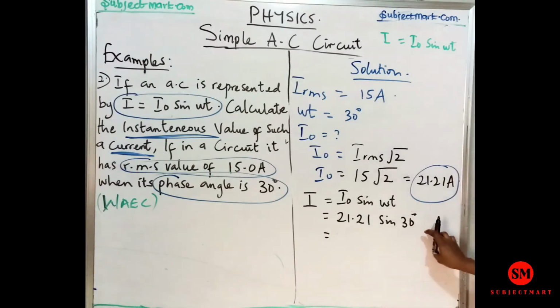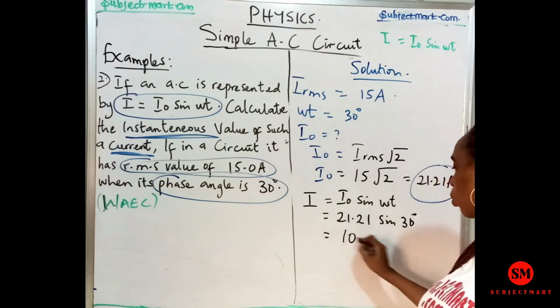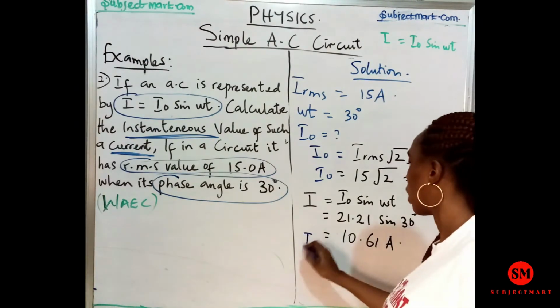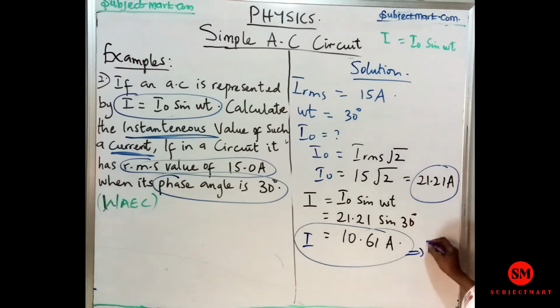Sine 30 gives us 0.5. Multiply by this, we will have 10.61, which is equal to our instantaneous current. So I want to believe that is very, very explanatory.